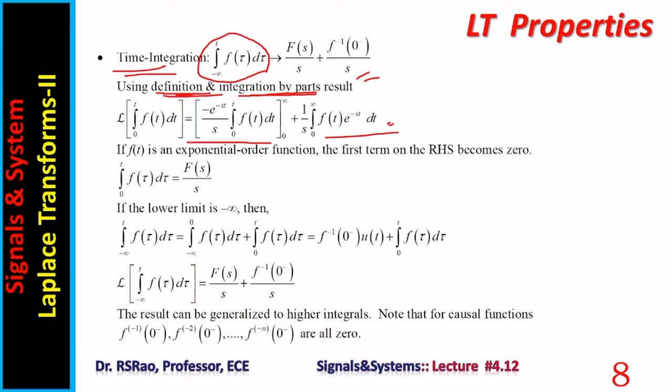If f of t is an exponential order function, the first term on the right hand side becomes 0. You are left with only this. Therefore, integral 0 to t f of tau d tau becomes equal to F of s by s.